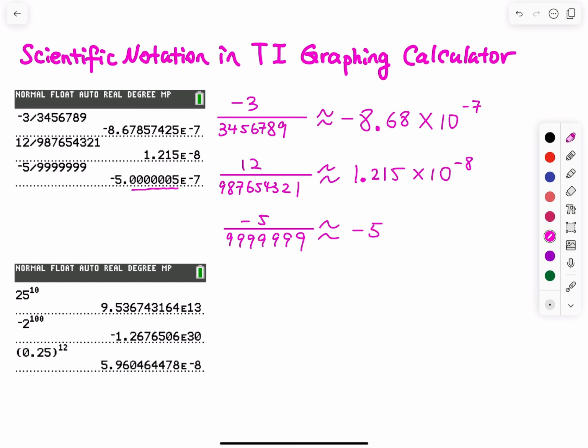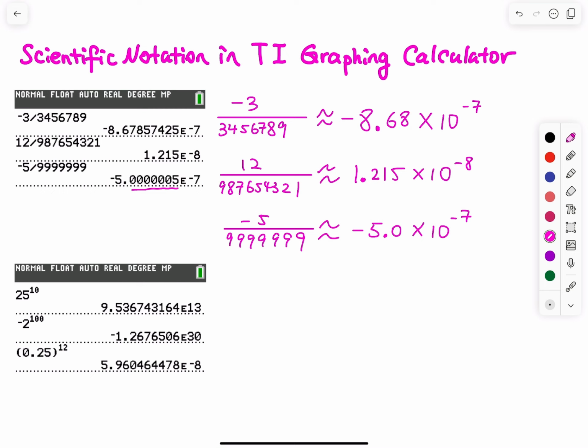If they ask you to keep 1 decimal place, then I would just do -5.0, times 10 to the -7. I know the 0 doesn't affect anything, but if they insist on keeping 1 decimal, then just write it out, just like a GPA, right? 4.0, 4.00, that means 4. But if you have a GPA of 4, you don't say 4, you say I have a 4.0.